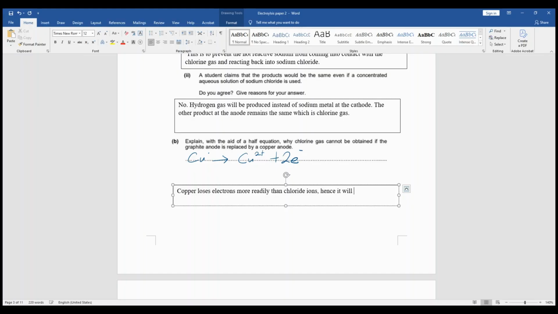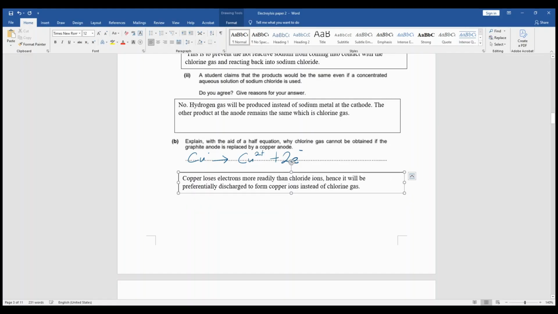Hence, it will be preferentially discharged instead of chlorine, as a reactive electrode.